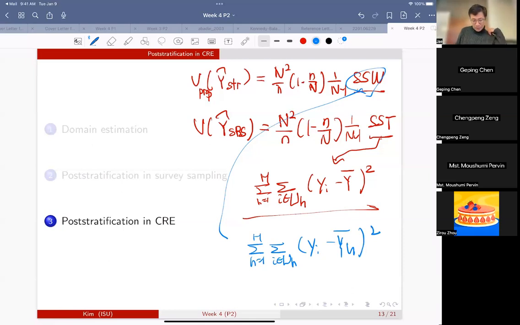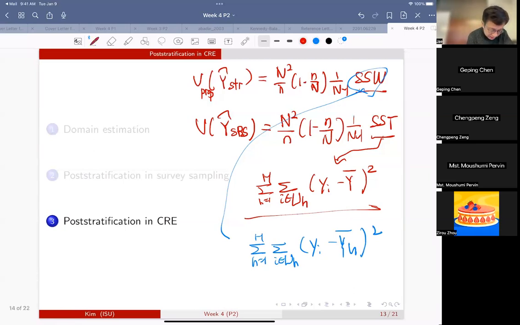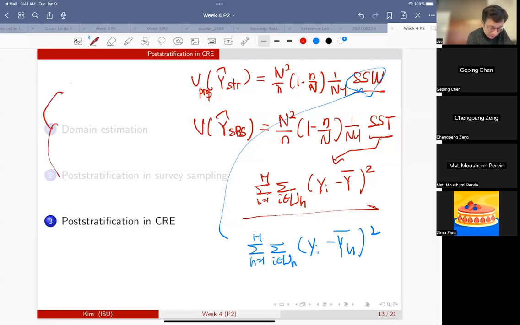Now, so these two sections are in the context of survey sampling. But we also have a very similar concept in the experiment. So this is a causal inference topic.